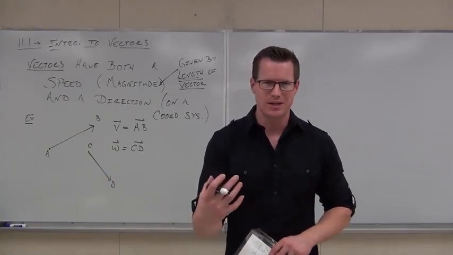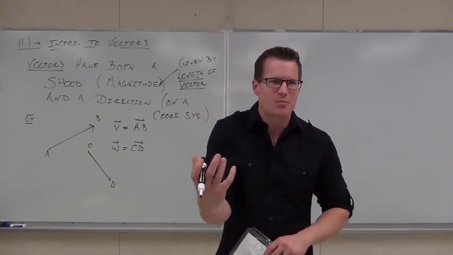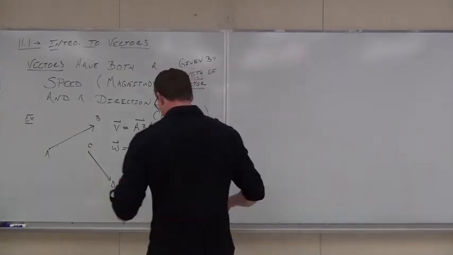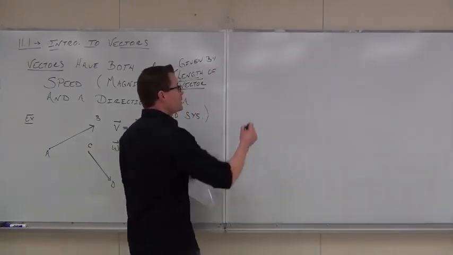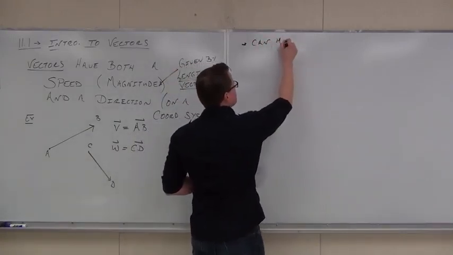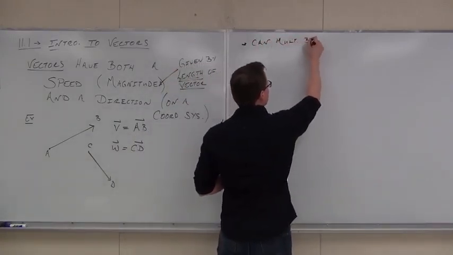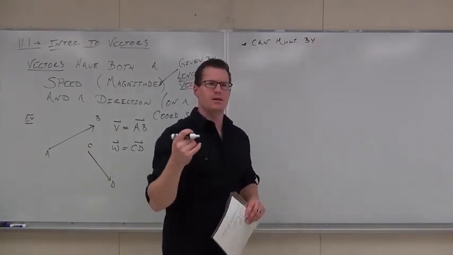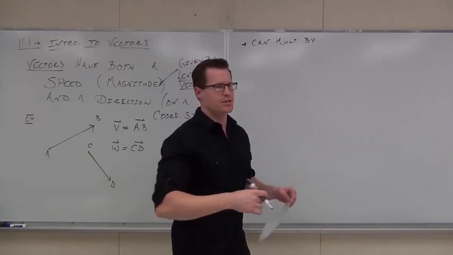It's just this number that doesn't have a direction to it. Let me describe for you a scalar. So we can multiply by constants. This constant for us is called a scalar.